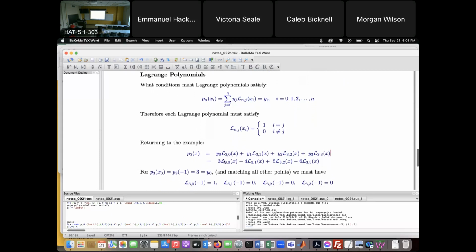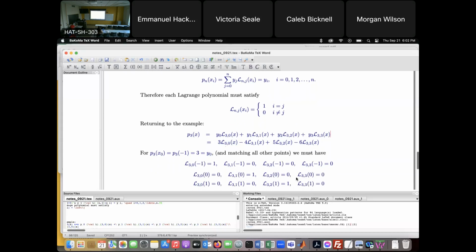So what are the conditions that these Lagrange polynomials have to satisfy? For each one of these, if I plug in the corresponding x value, I have to get 1. So if I plug in minus 1 into the first Lagrange polynomial, I'll get 1, because minus 1 is the first x value. But if I plug minus 1 into the other Lagrange polynomials, I have to get 0.